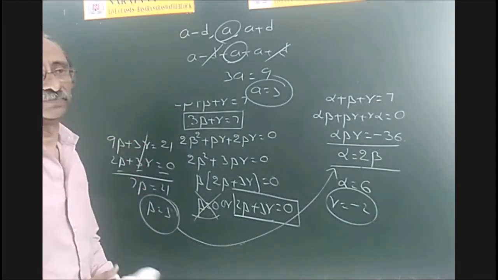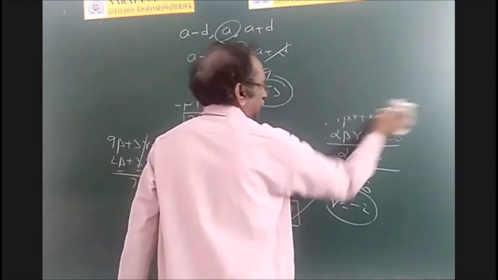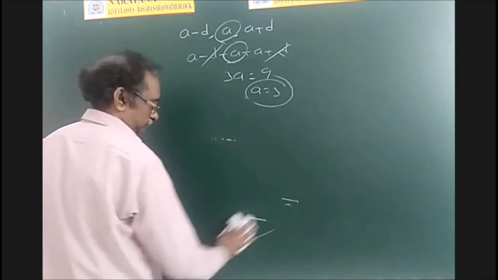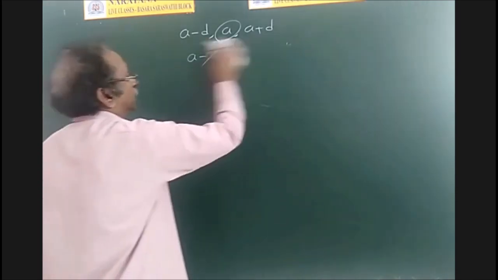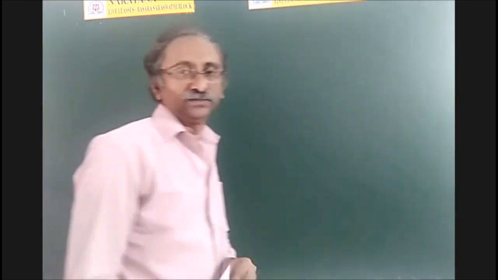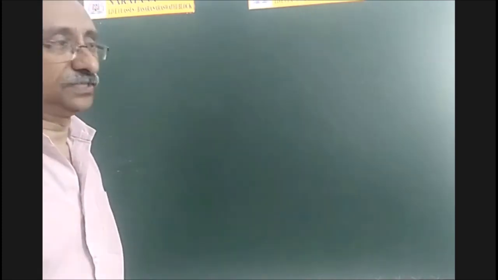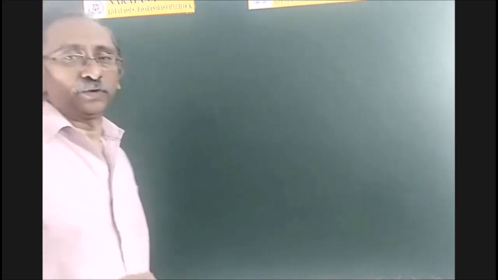So write a note. If three numbers are in AP, take those numbers as A minus D, A, A plus D. Next point.